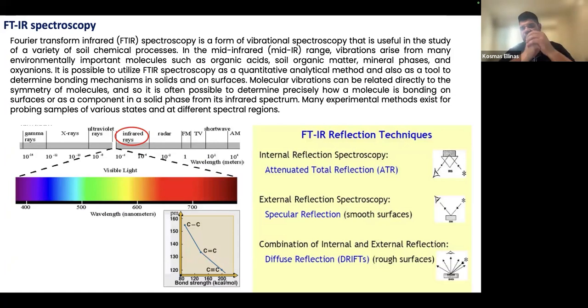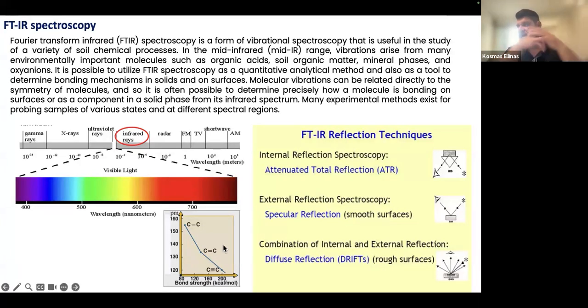One nice tool is Fourier transform infrared spectroscopy, in which we use a specific range of wavelength in the light spectrum, and this mid-range infrared light causes vibrations, and these vibrations are different depending on the chemical structure you have.